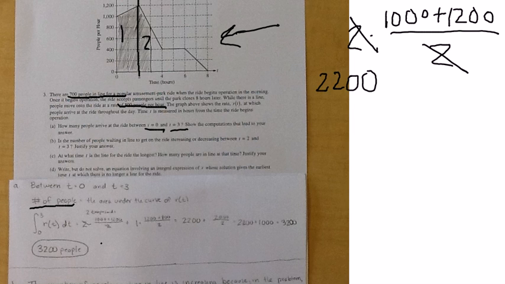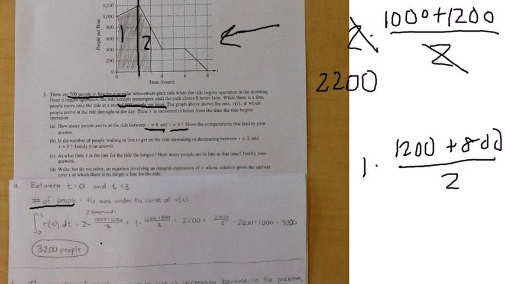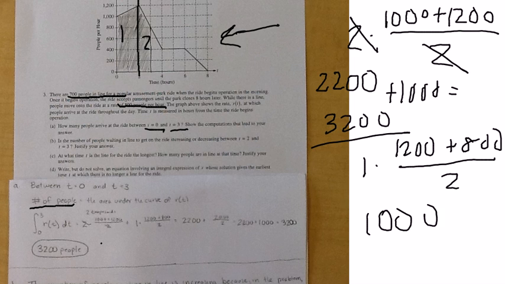And the next part, for trapezoid 2, you do 1 times 1,200, which is one of the heights, plus 800, which is the other height, over 2, and that, after the math, gets you 1,000. So you do 2,200 plus 1,000, which gets you 3,200, which is our final answer.